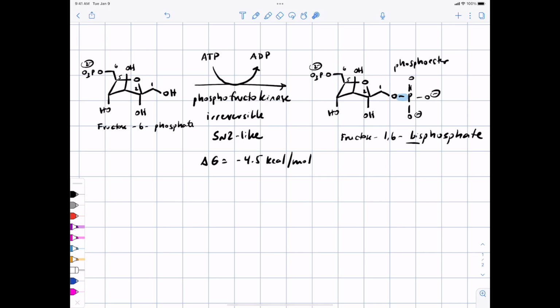Having it in the other locations doesn't help. The other thing that perhaps controls regioselectivity is the enzyme. That's a hand-wavy explanation, but that's what we got.